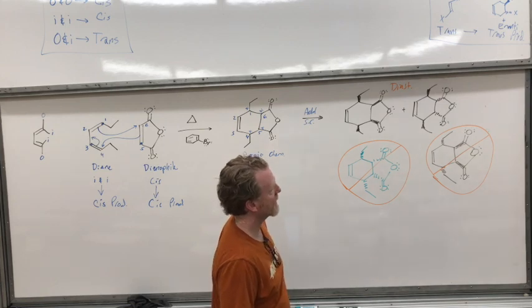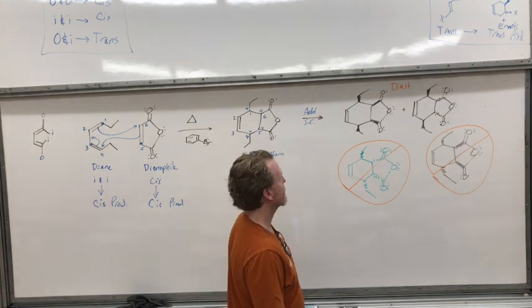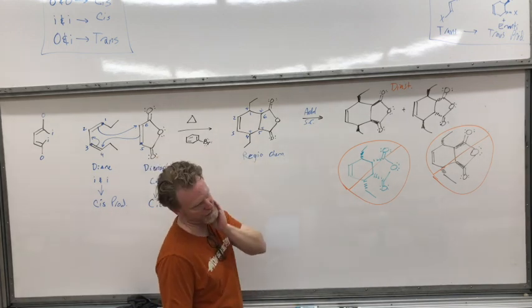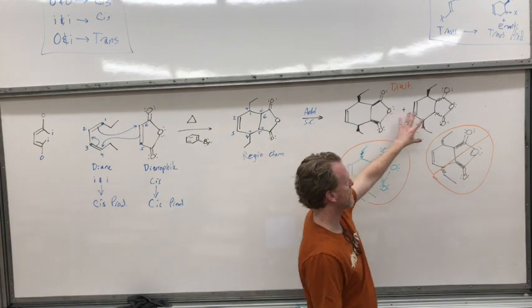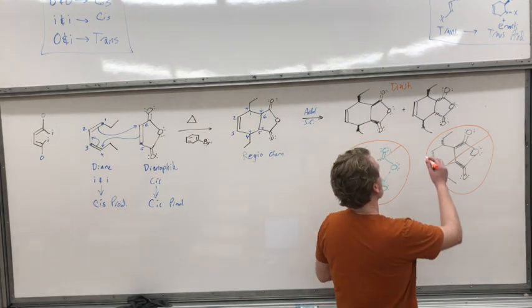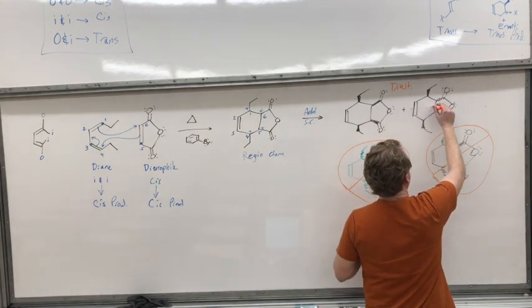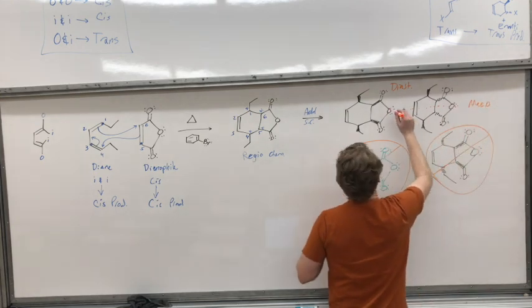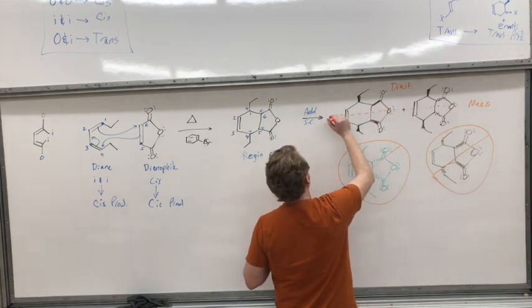We do not get an equal mixture of them either. For these ones, it's a bit of a process to figure out which one's major, so I'm not going to ask it. I just wanted to draw them both. Another thing, they're both meso. They both have a plane of symmetry. So this is a meso compound, and this is a meso.